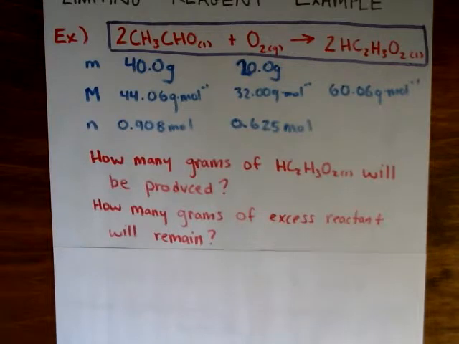So the first thing that we have to do is identify the limiting reagent, because that in turn will determine the amount of product that will be formed. And we determine the limiting reagent by using our limiting reagent calculations. When doing these calculations, we choose a reactant. It doesn't matter which reactant.